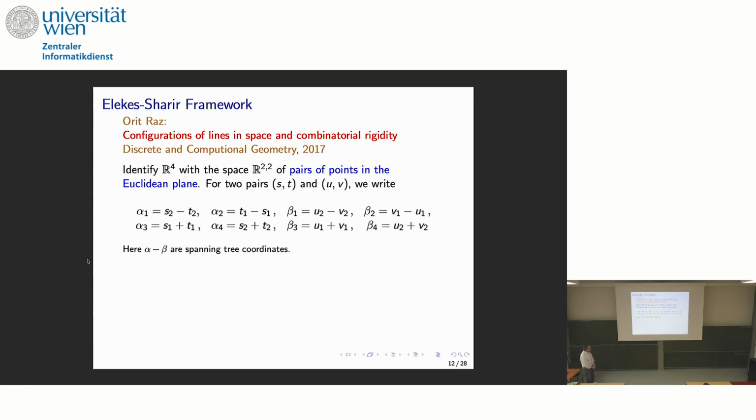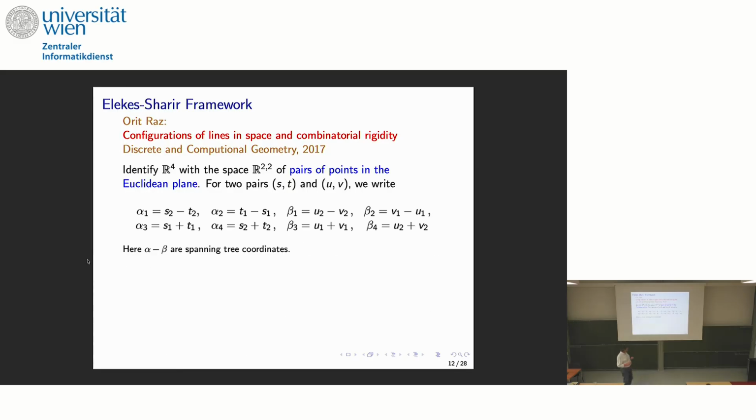And now what we're going to do is make a linear change of coordinates like this. I'm going to replace the S's and T's, which there are 4, by alpha 1, alpha 2, alpha 3, and alpha 4 like this. I'm performing this linear change of coordinates. And then on beta, I'll do the same. Now with this change of coordinates, alpha and beta are the spanning tree coordinates from 12 minutes ago.